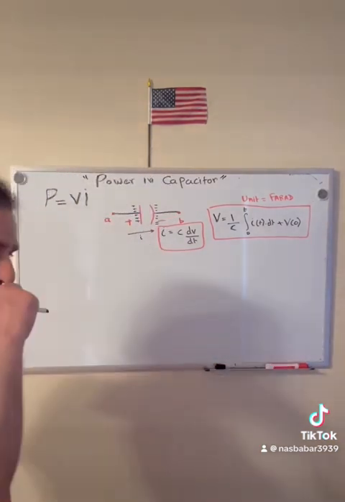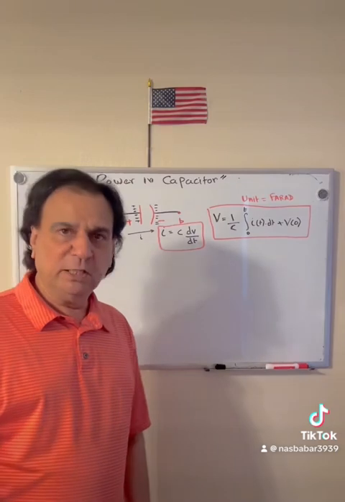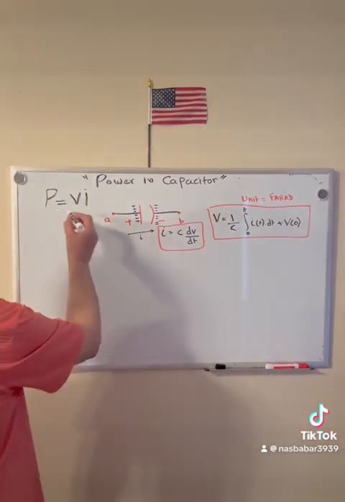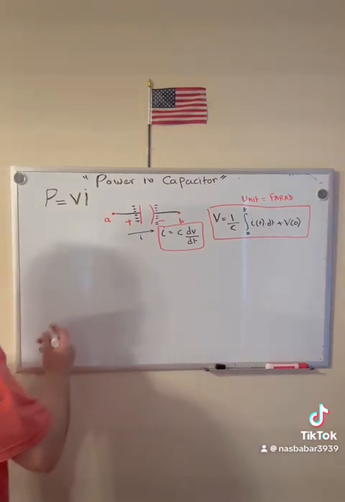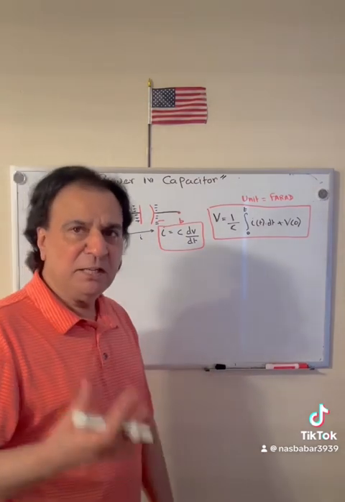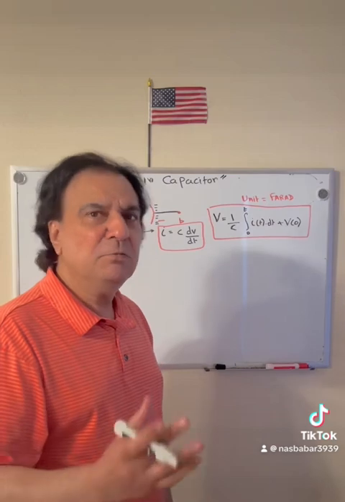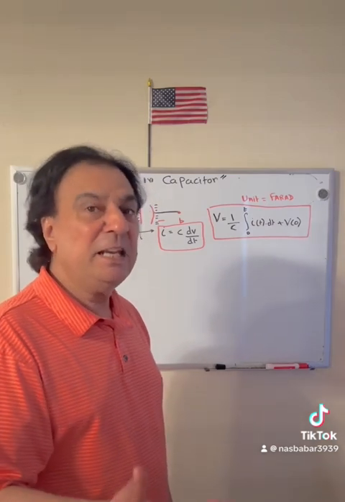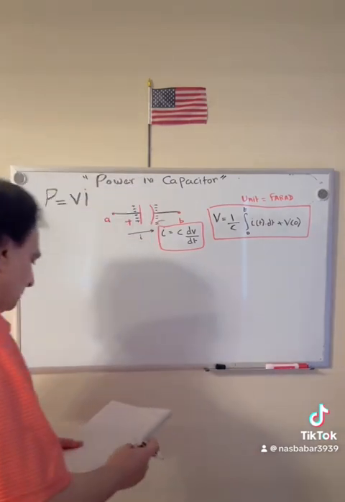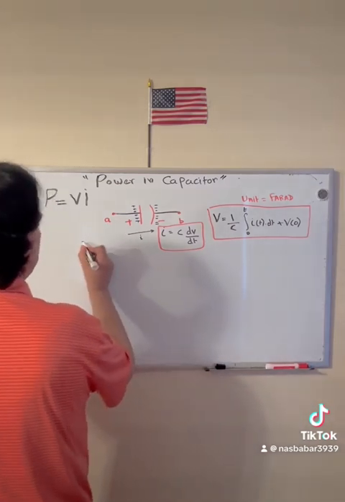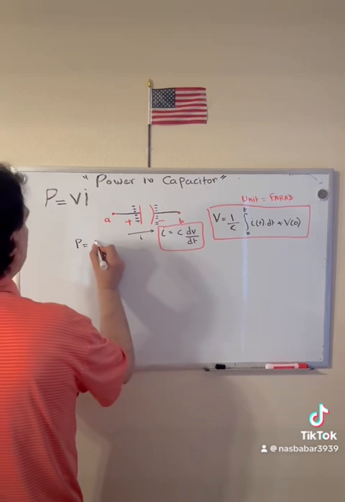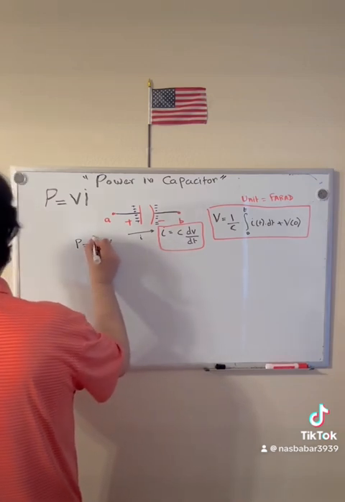Now all the engineering students know that power is equal to V into I, voltage into current. So we're going to use that and find out the energy per second, which is the same as power, in a capacitor. So let's see how. If P is equal to VI, I can write this as P is equal to IV, same thing, okay?